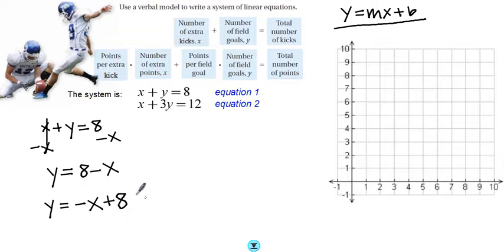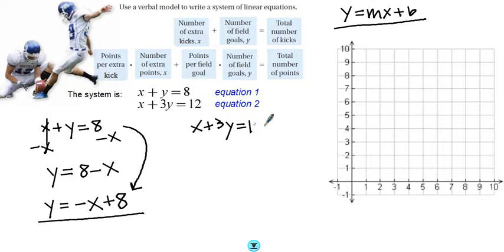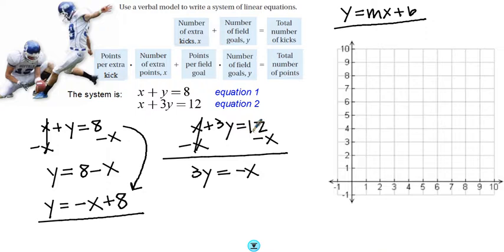Now you don't have to do this, you can go directly from this step to that step, because you could have just written negative x first and then the positive 8. So that's one. The second one is x plus 3y equals 12. So then again, we're going to subtract x from both sides. I have 3y equals negative x plus 12.